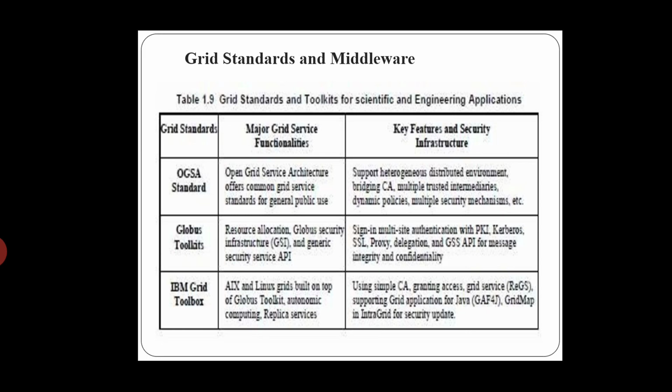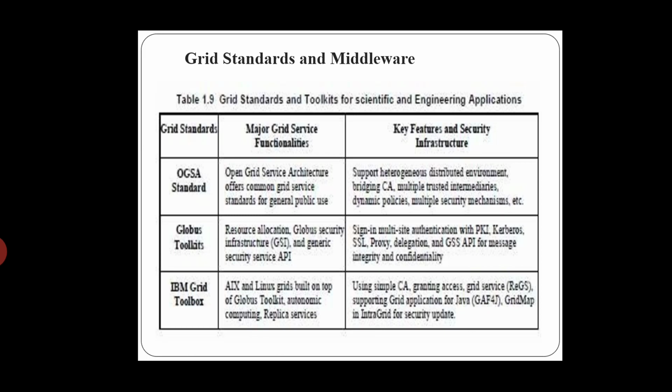Coming to one more grid standard, we have the IBM Grid Toolbox. The major grid service functionality here is Linux grids. It is built on top of the Globus Toolkit, with autonomic computing and replica services. The word autonomic, in the sense, means independent computing, and replica services will also be provided.